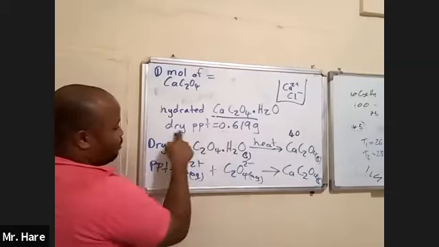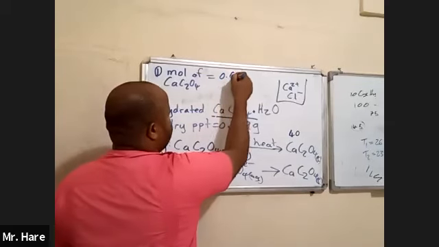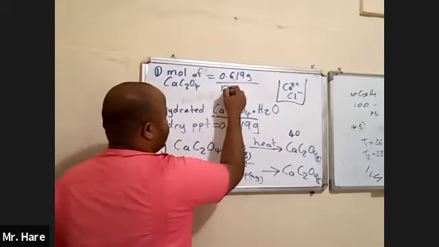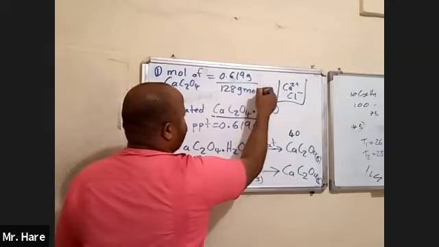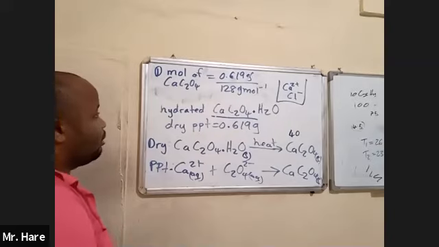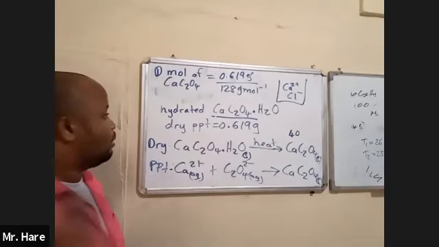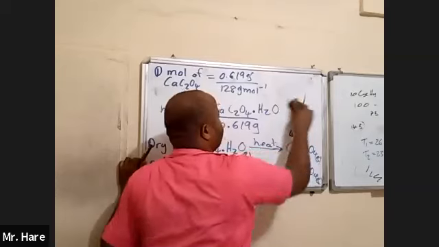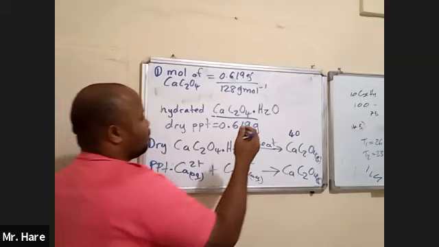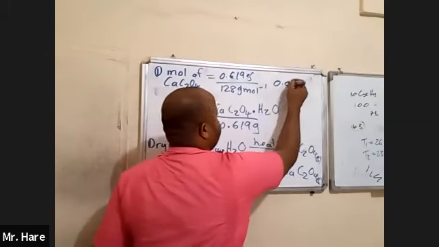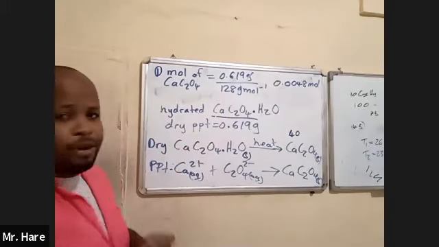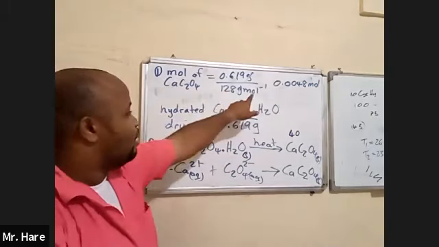The mass of the precipitate is 0.619 grams, and the molar mass was 128 grams per mole. What is the answer? 4.8 times 10 to negative 3. 0.0048 moles.